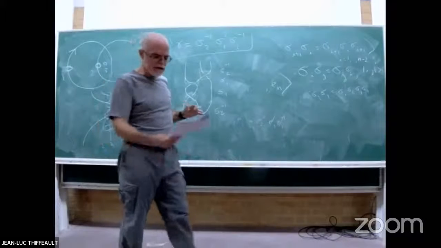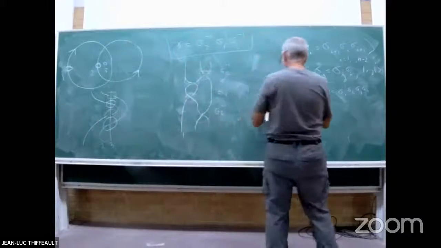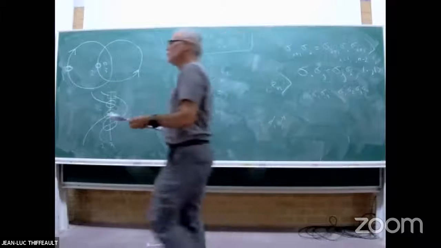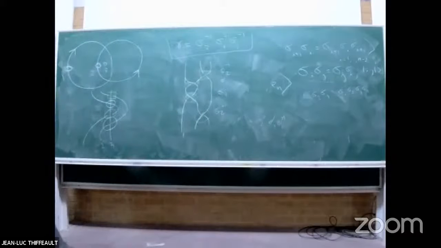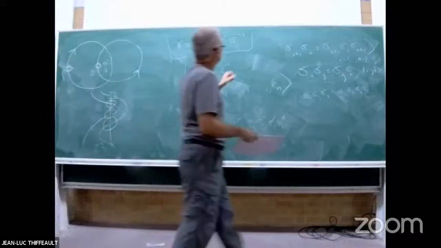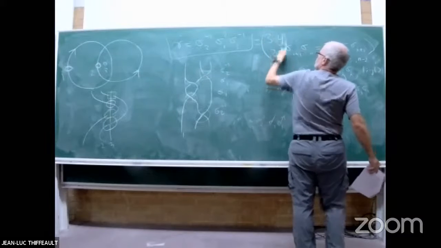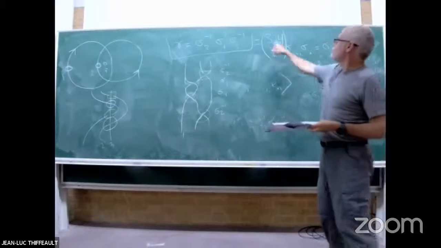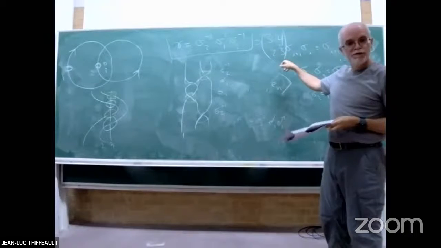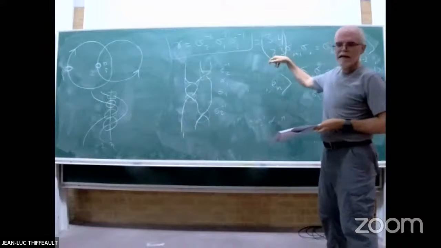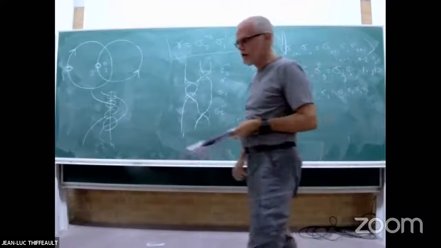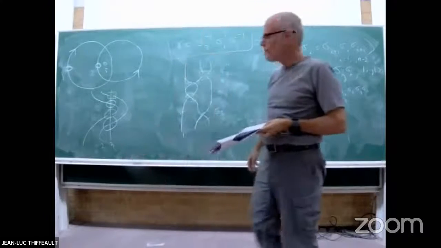And so, in fact, if you do this, you will get something like the matrix 3, 4, 2, 3, which is determinant 1, right? Because it's 9 minus 8, so it's an element of SL2.